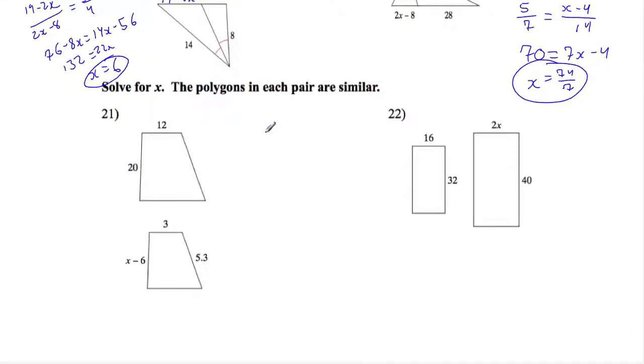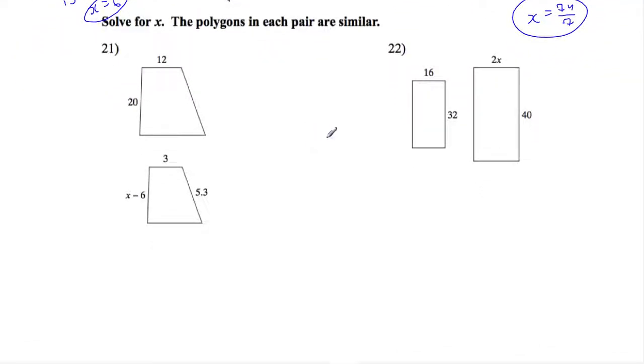So nice proportions there. And of course, all these rules apply for other polygons as well. So here, we know that these are all going to be proportional. So I can just say that 12 to 3 equals 20 to x minus 6, just like a triangle. Don't let this 5 minus 3 bother you. We can ignore that.